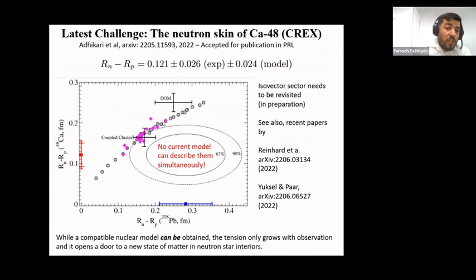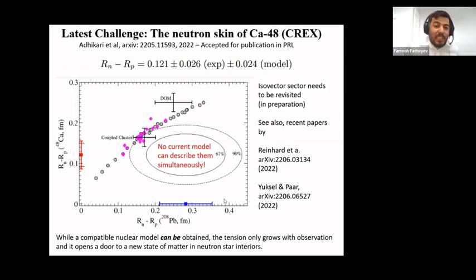Now, this is a correlation of the models, and none of the models agree with this at the 67% or 90% level. I mean, they agree in the 90% region, but none of the models can describe both of them simultaneously. Now, that is very interesting, because if you take the slope of the symmetry energy very small, yes, you can describe calcium, but you cannot describe lead.